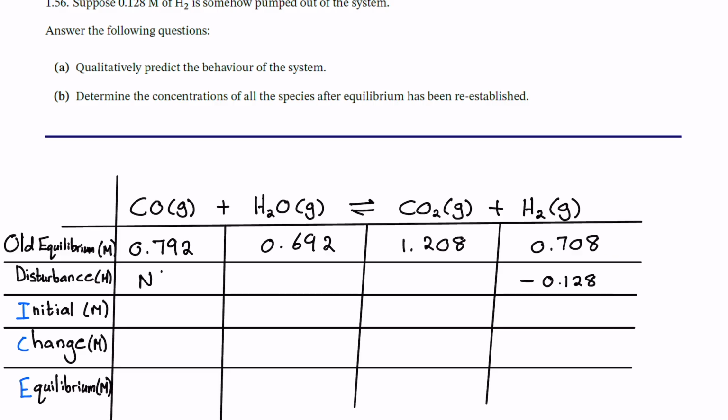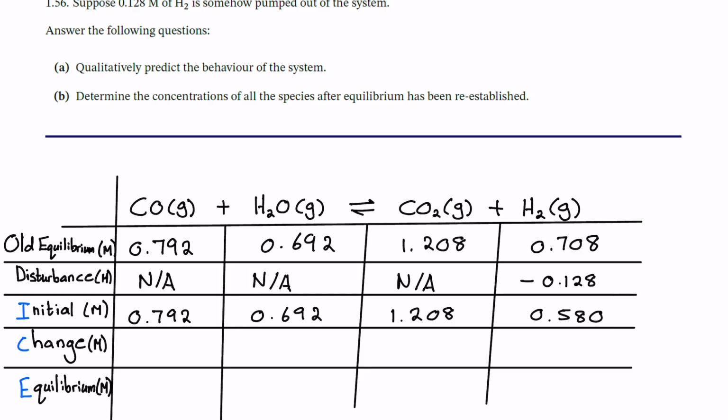So all of the other species do not have a disturbance associated with them. It's only hydrogen. That means the new initial concentrations for each of these species are as follows. For the ones that didn't have a disturbance, they remain the same, and for the one that had a disturbance, it changes a bit, because it lost something.